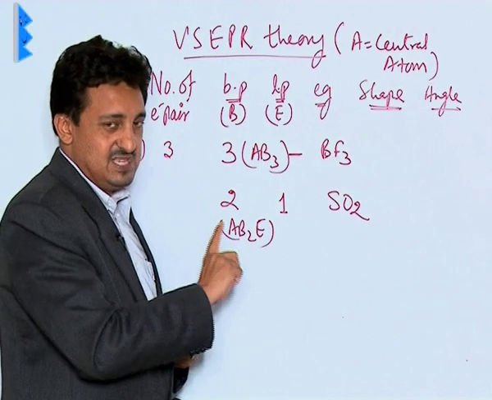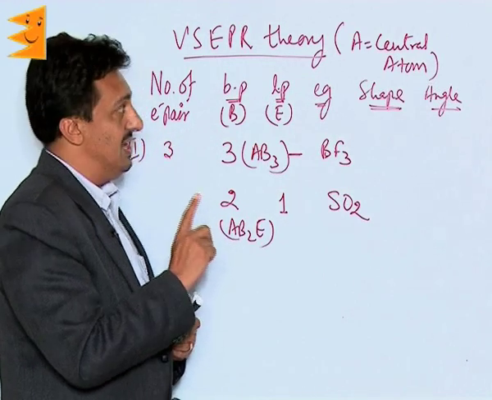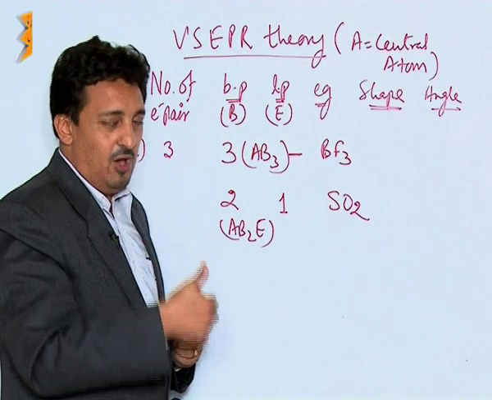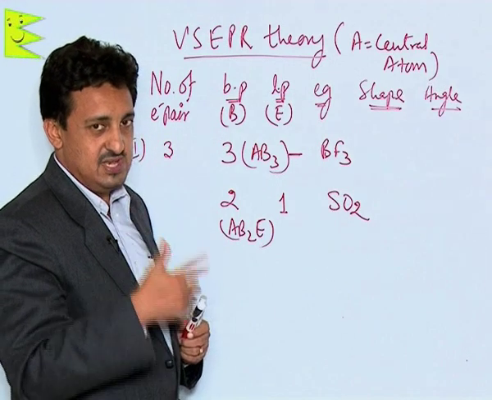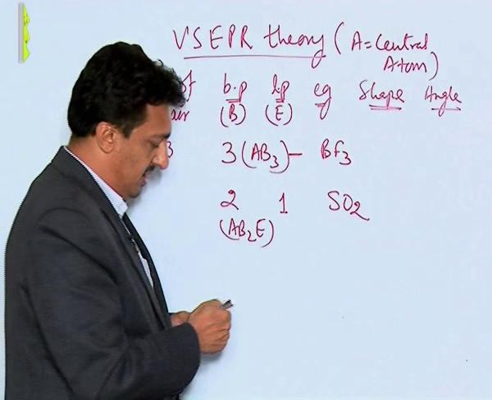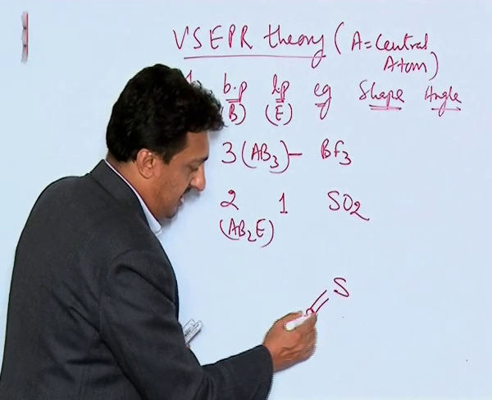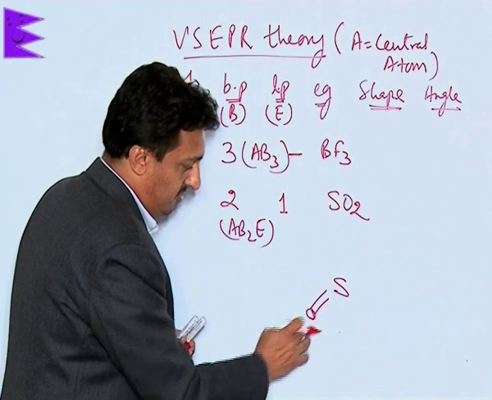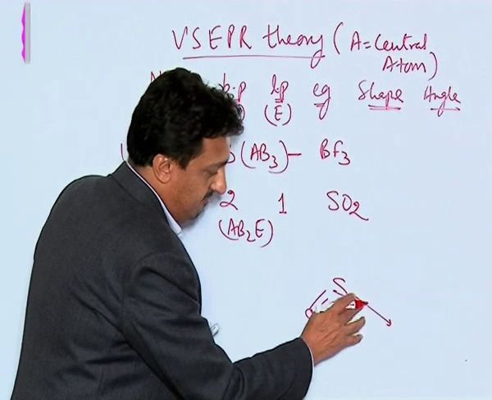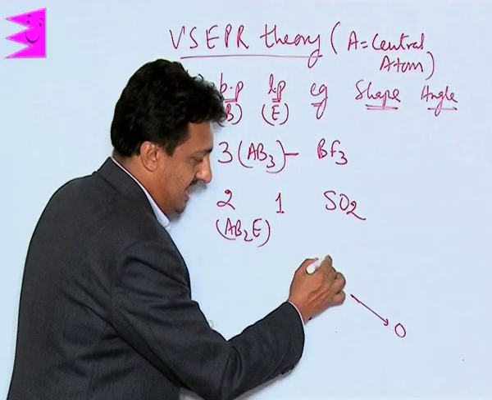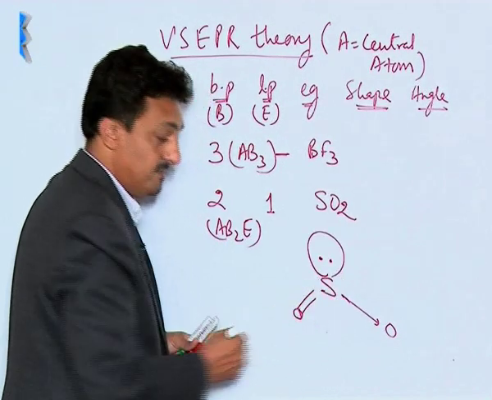And we know the basic of the valence shell electron pair repulsion theory, that all multiple bonds are to be considered as one pair. So what we notice is, the sulfur is giving 2 electrons to one oxygen, one dative bond to the other oxygen. So it is left with one pair.